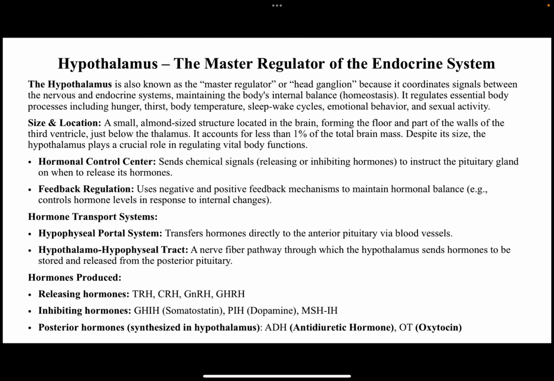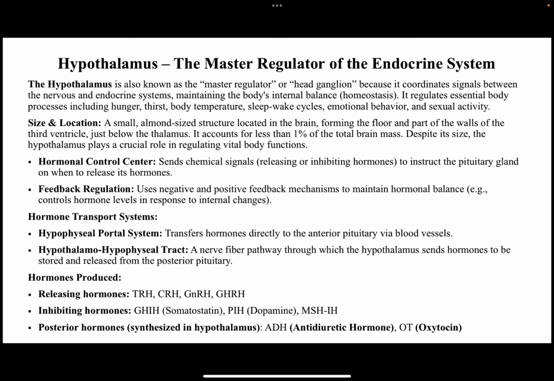The pituitary gland, we also call it the hypophysis gland. So the anterior pituitary connects to the hypothalamus using blood vessels. That is why we call it the adenohypophysis. And so the transport between the hypothalamus and the pituitary gland, we call it the adenohypophyseal system, or the hypophyseal portal system.